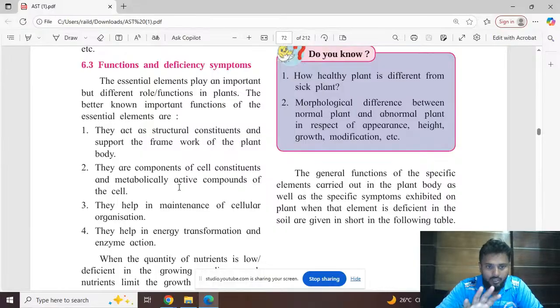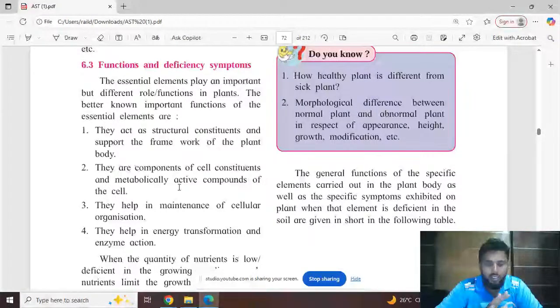Okay, these are the common functions of essential elements if the quantity of the element is up to the mark. And when the nutrients are low in quantity, or if they are deficient, then the growth or development of the plant will be limited.